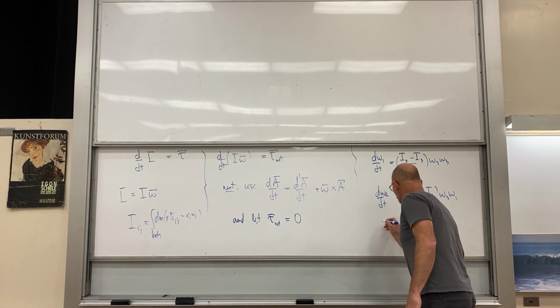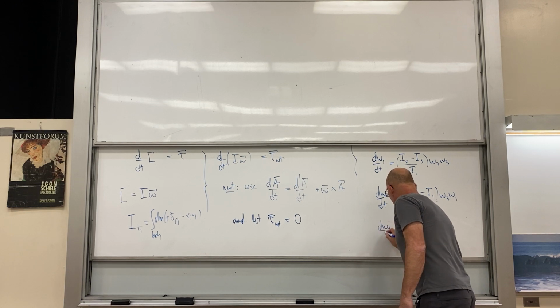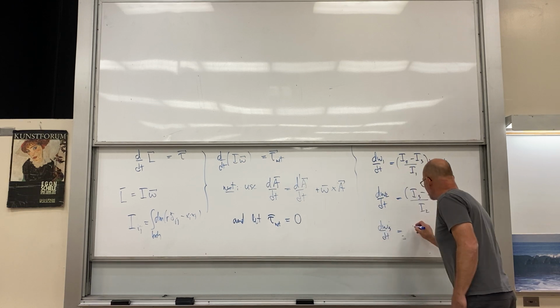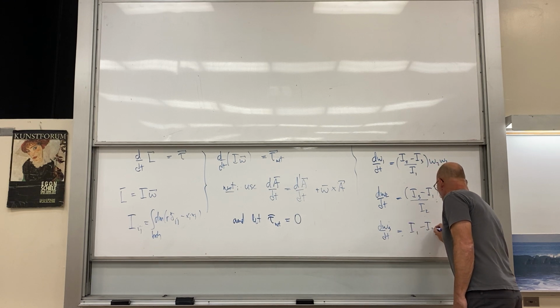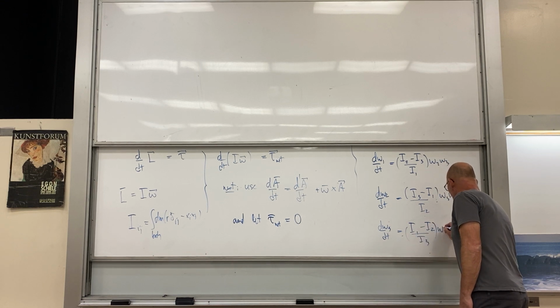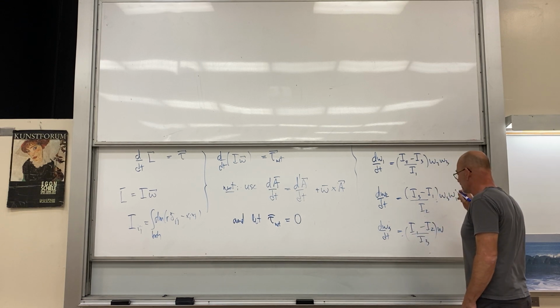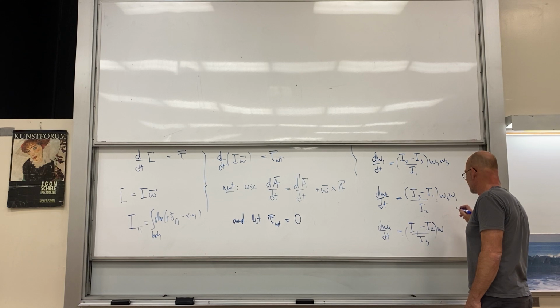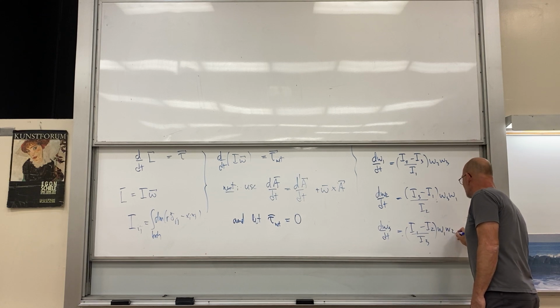which we'll put here, d omega 3 dt is equal to I1 minus I2 over I3 omega 1 omega 2.